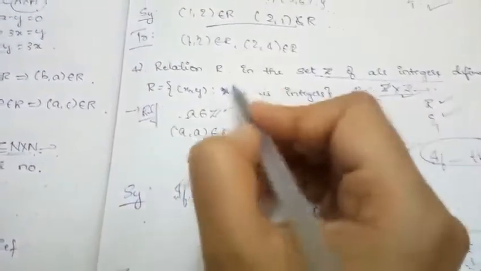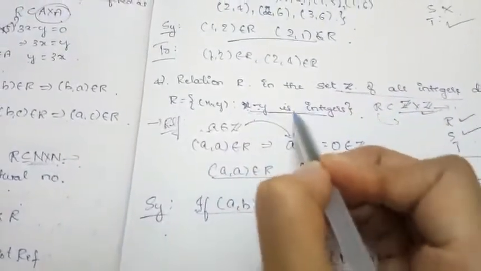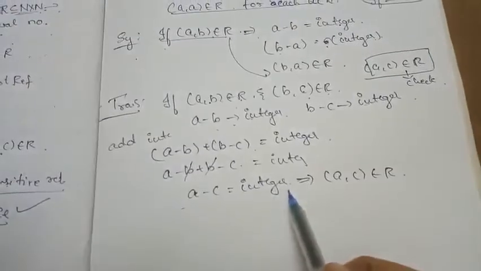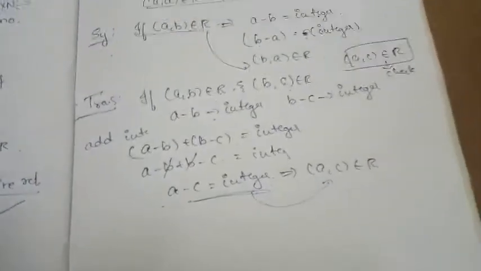If x minus y is an integer, then those ordered pairs belong to the relation. So here a minus c is an integer, it satisfies the relation condition, so that ordered pair belongs to the relation.